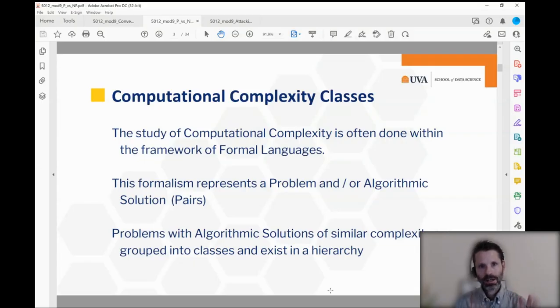The idea with respect to applications is that we want to group problems and corresponding algorithmic solutions of similar complexity, difficulty, that is, runtimes, into the same classes or groups, and then place them in this hierarchy so we can identify which problems are more complicated, which ones can be solved in a practical amount of time, and which cannot.